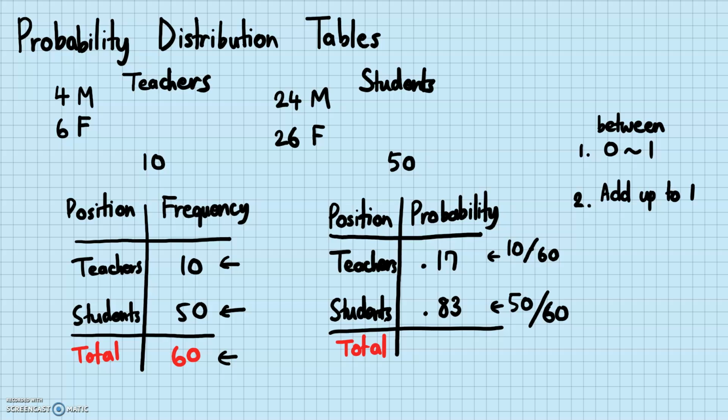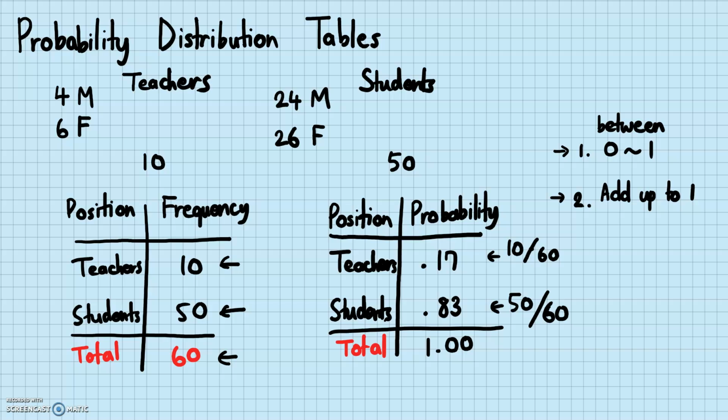So if you add these 2 probabilities, 0.17 and 0.83, it has to equal 1 or 1.00, which in this case it does. That doesn't guarantee that it's correct, but it's more likely that it's correct if these 2 conditions are met. So always keep these 2 in mind.